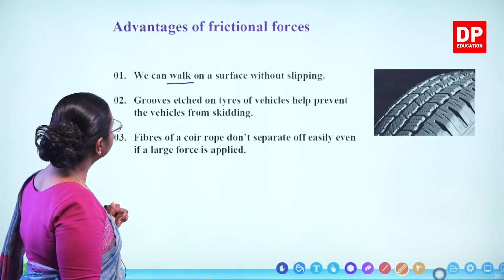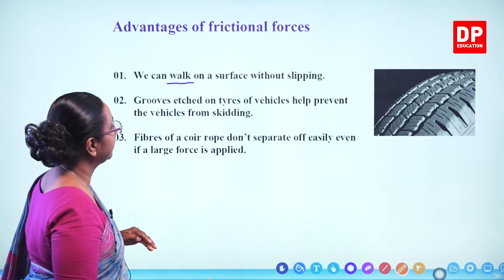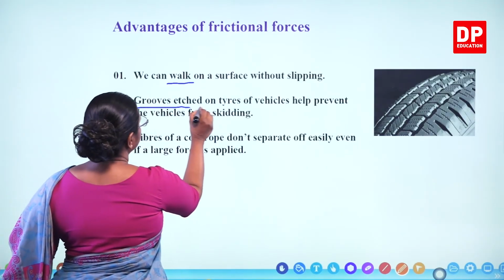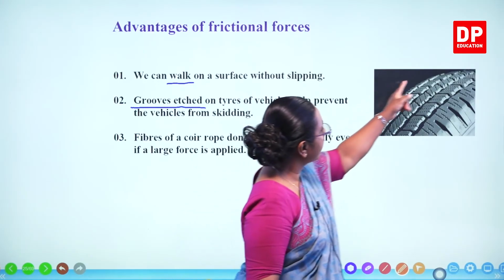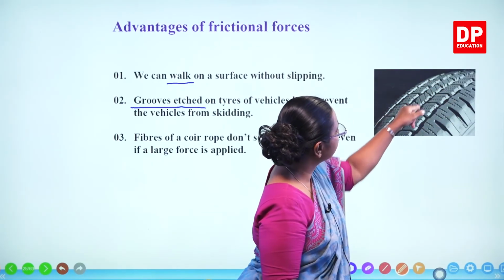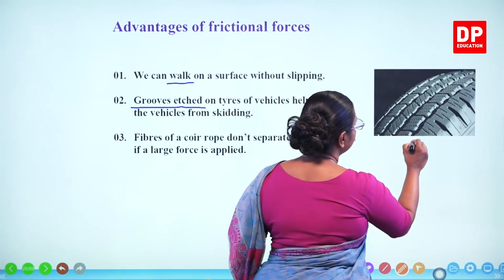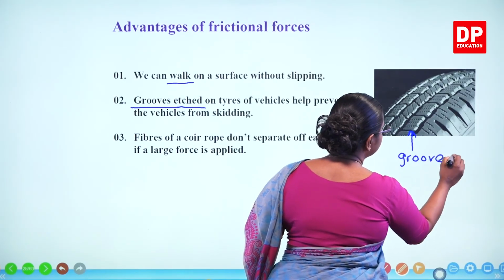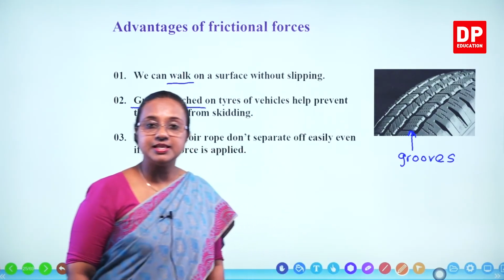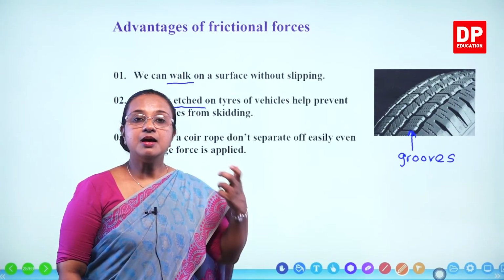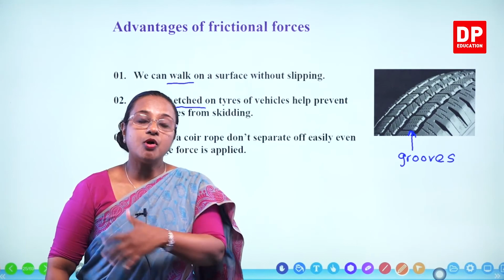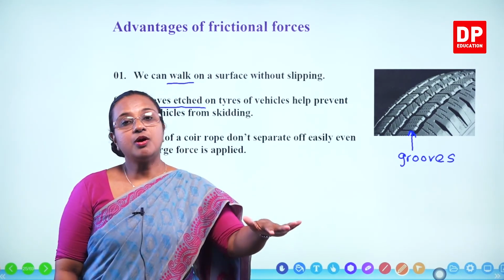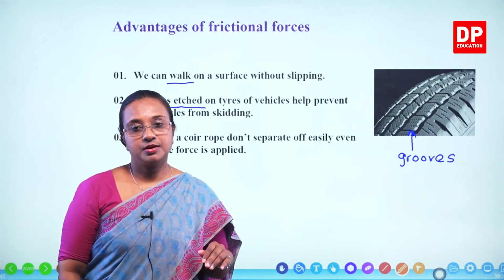Second one, grooves etched on tires of vehicles help prevent the vehicles from skidding. So grooves etched on tires. Here you can see these are the markings that are known as the grooves. So these are there on vehicle tires, the surface of the vehicle tires. These are there mainly to allow water to flow through it when the vehicle is moving on a wet road.